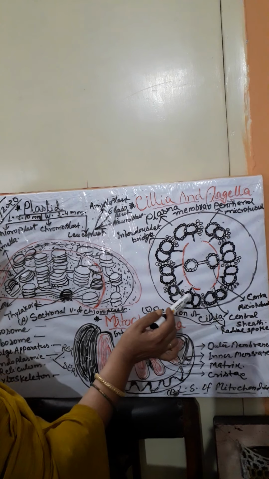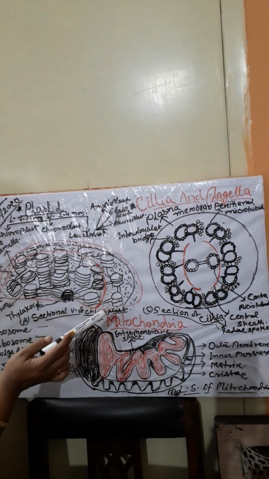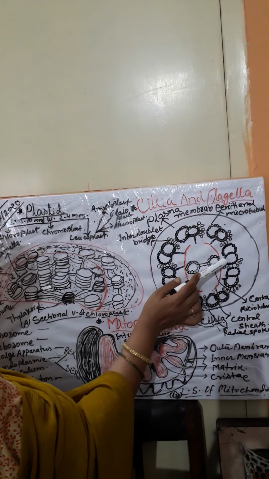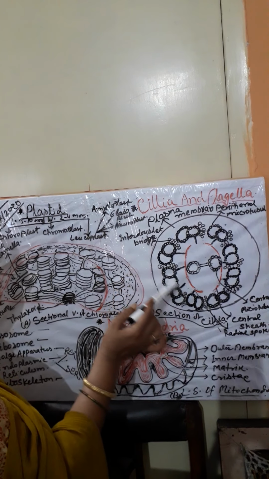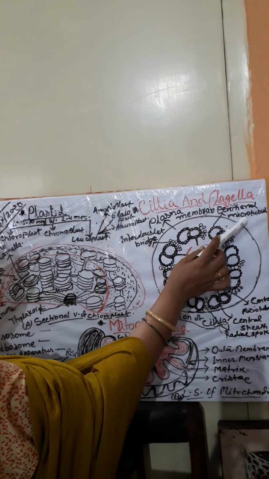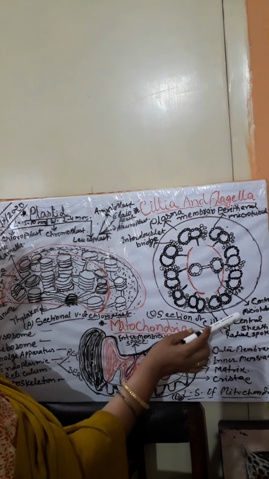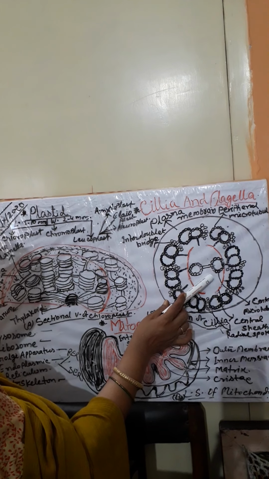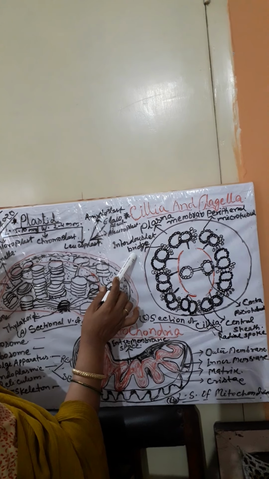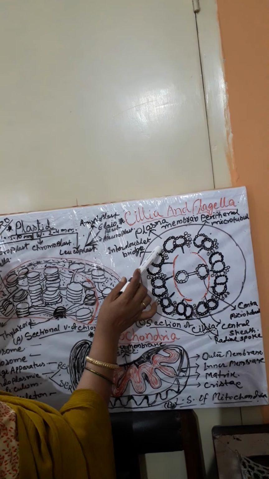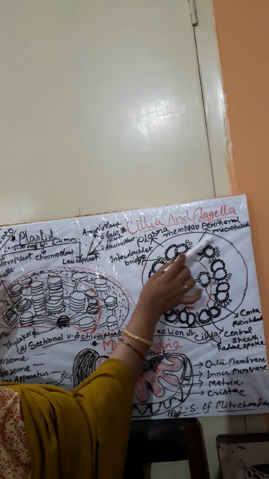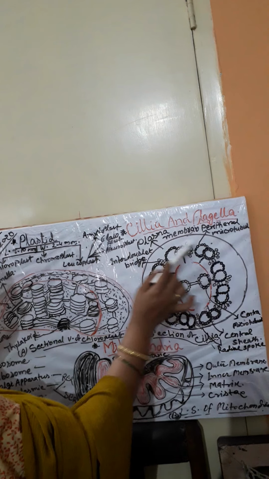They have different names according to their position. These are peripheral microtubules, these are central microtubules, these are the central sheath, this is the interdoublet bridge of the cilia, and this is the plasma membrane.